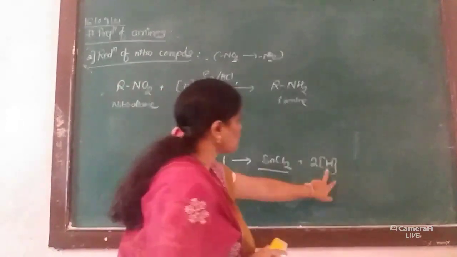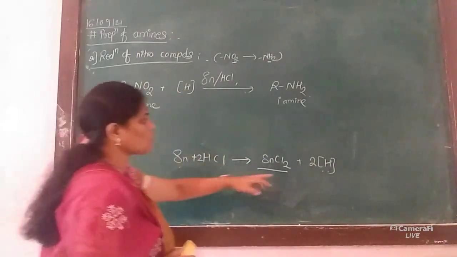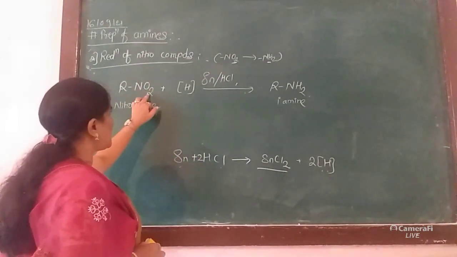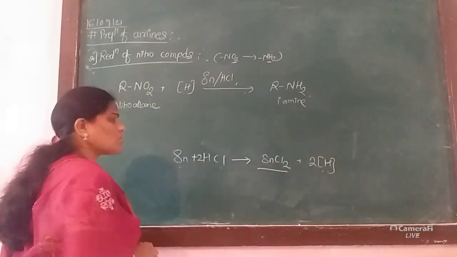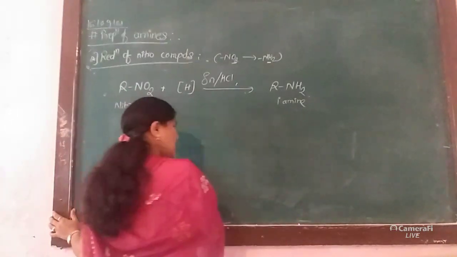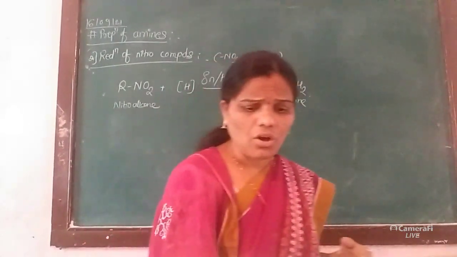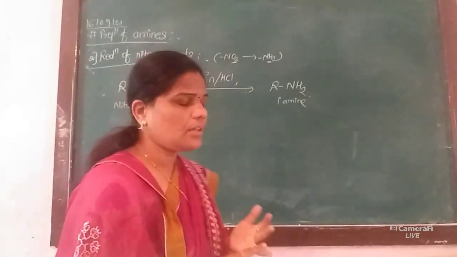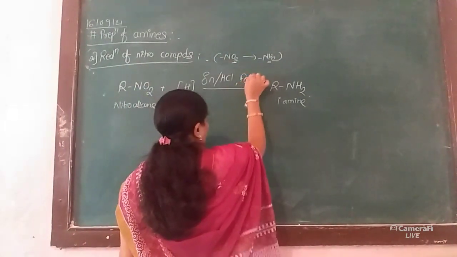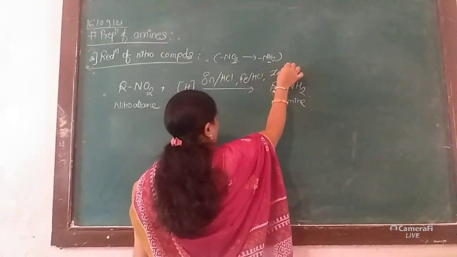The two hydrogens that are produced play the role of reduction. What does our nascent hydrogen do? Formation of this nascent hydrogen rapidly reduces the NO2 group to the NH2 group. So this nascent hydrogen is produced either by the reaction of tin in HCl, or you take Fe in HCl, or zinc in HCl.